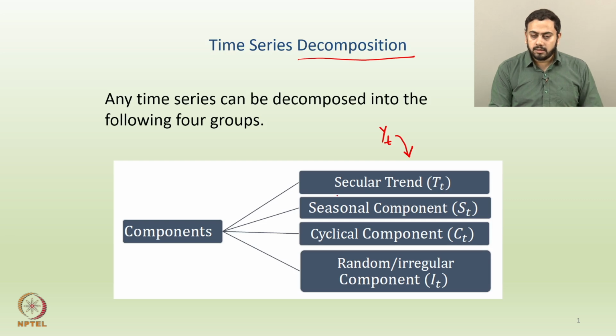So, the first one, which many of you might already know, is called trend, or a more technical terminology, secular trend, and notation wise it is Tt. Just to remember, the subscript t denotes the timestamp. So, the first component is the secular trend.